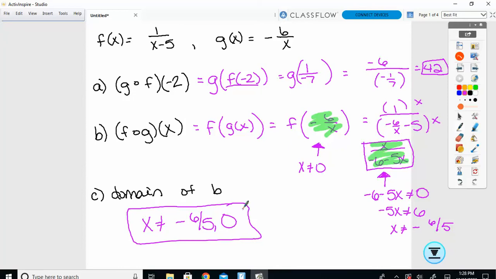Yes? What was the other one right after? If there was only one value, you would say negative infinity to that number, union that number to infinity. Is that one okay? All right. Yes.